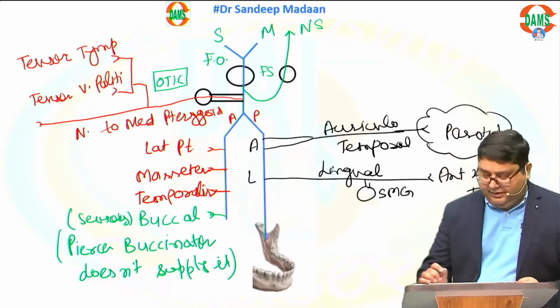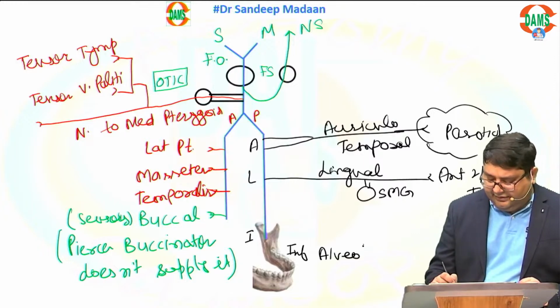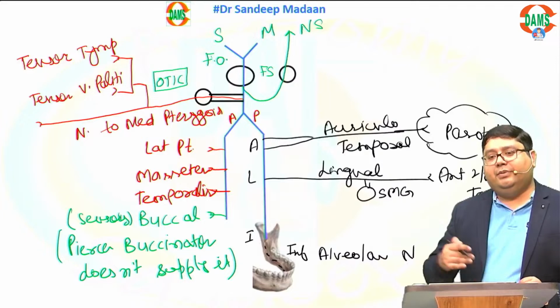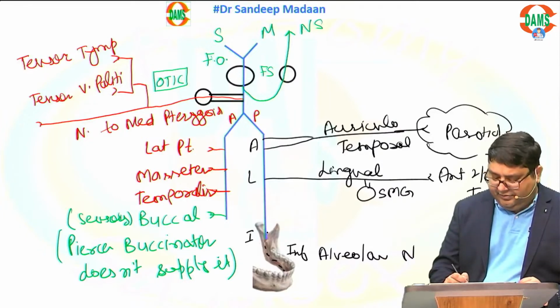And then we have I for inferior alveolar nerve. This inferior alveolar nerve will be traveling within the bone like this. But before going inside, it will give one branch.